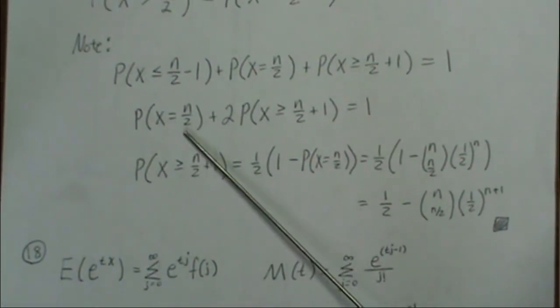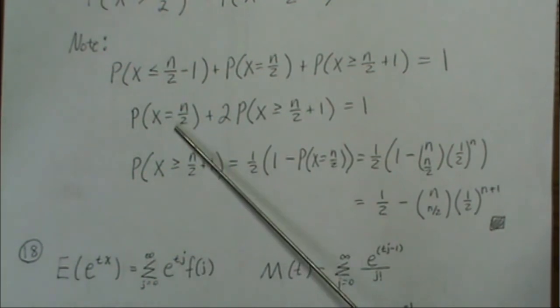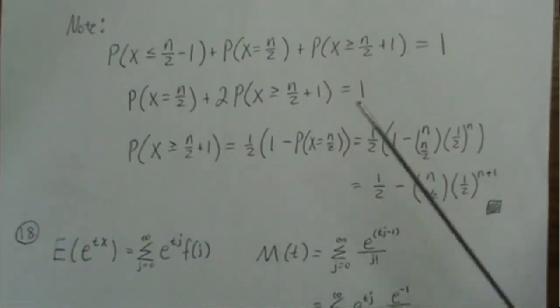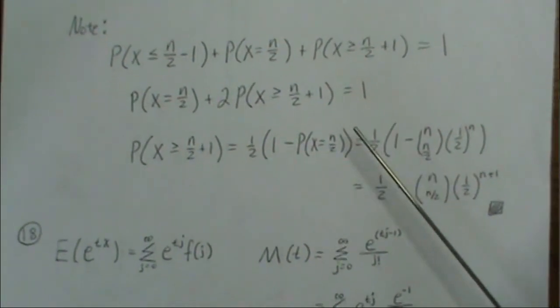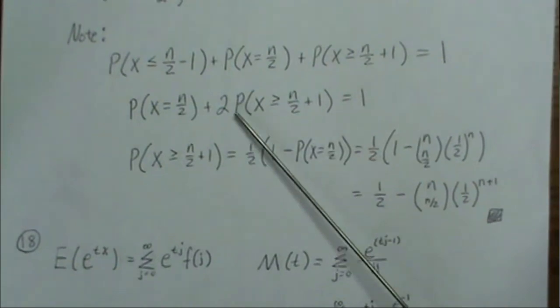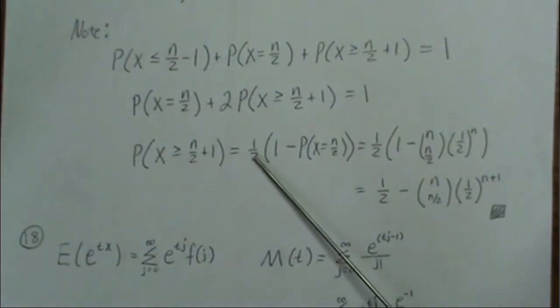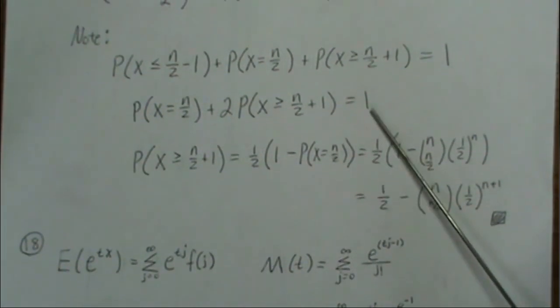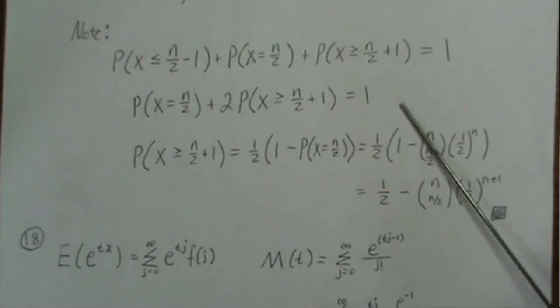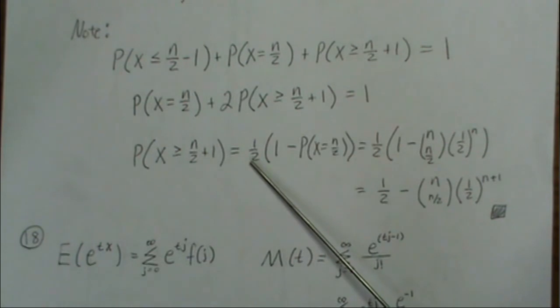Since the middle is a single value, we can plug that in. If we subtract this to the other side, and remember there's a 2 there, so we also have to divide that over. That's what this 1/2 is. So it's 1 minus this value, times 1/2.